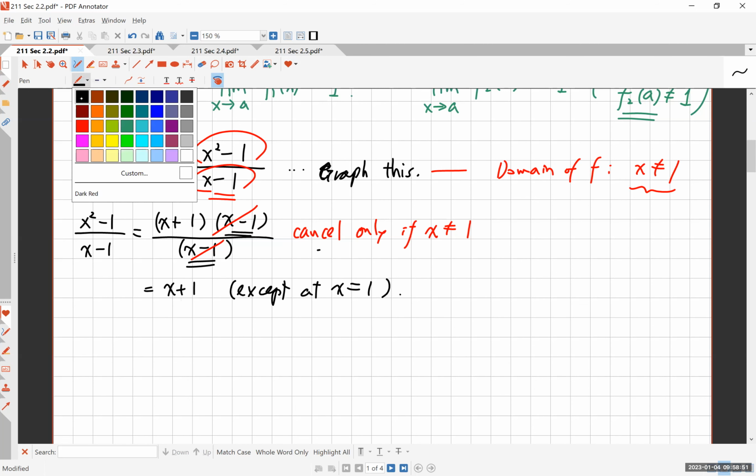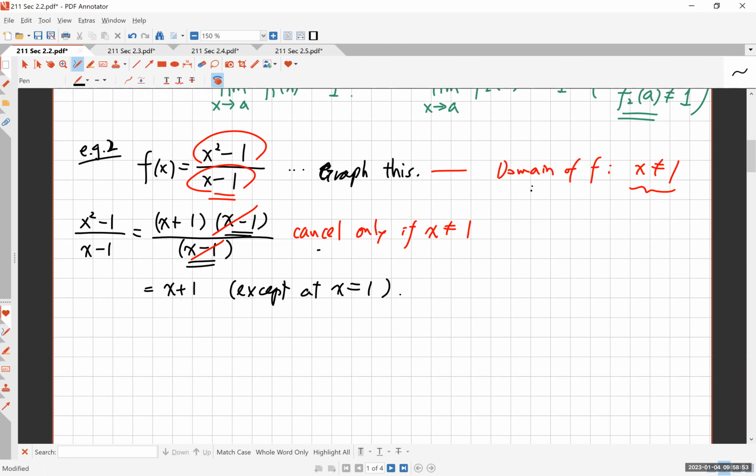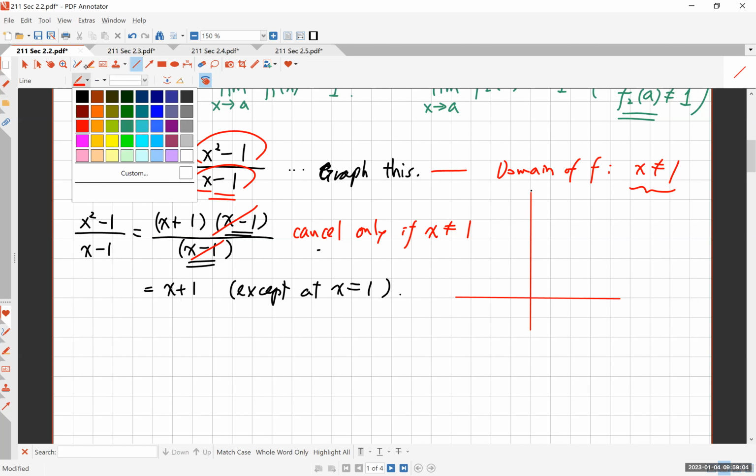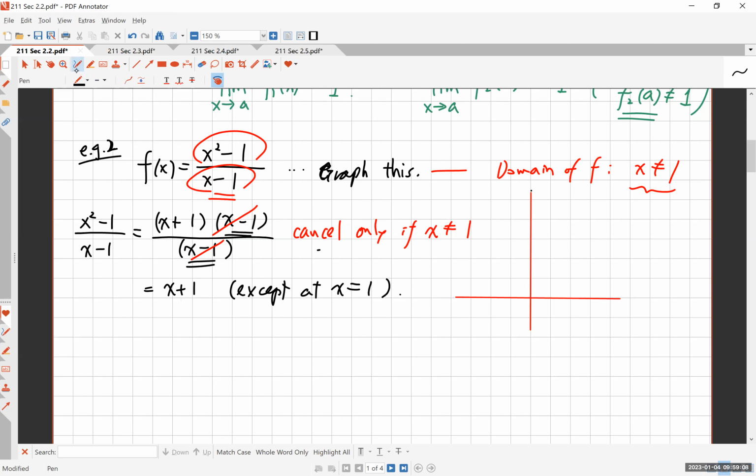All right, so now we should be able to graph this pretty easily. Let's go ahead and use our fancy tool. And this is my fancy tool. Allows me to draw these straight line segments. So nice. Okay, now we draw this x plus 1. Oh yeah, that's easy to draw. If this is 1 here, this is 0.